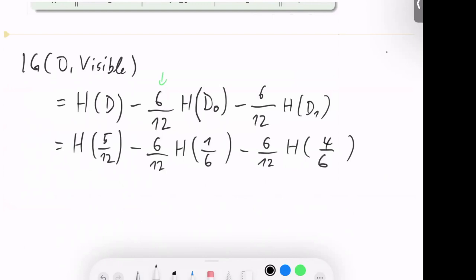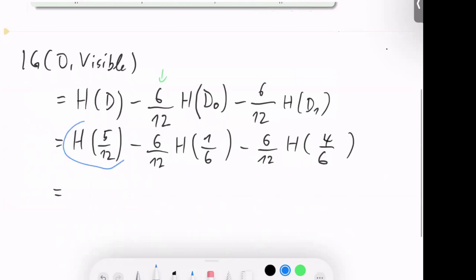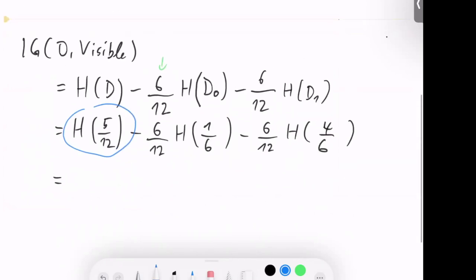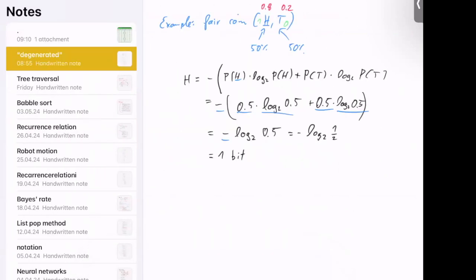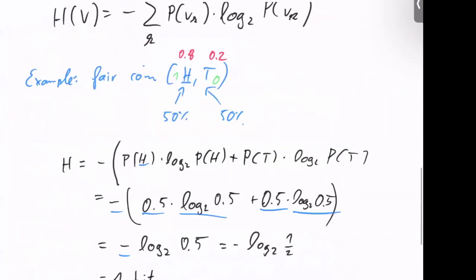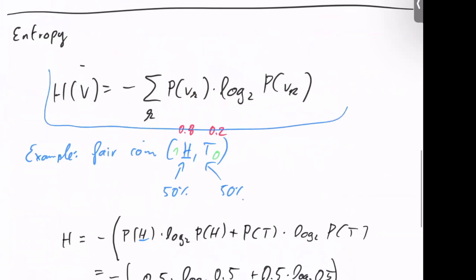Now, calculating these entropies here is something we're not doing step by step. Remember, the entropy equation was here, or the definition of the entropy. So the one case was now, for example, 1 out of 6, then the other case is 5 out of 6, and so forth, or 5 out of 12 and 7 out of 12.